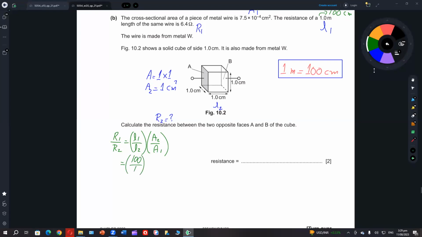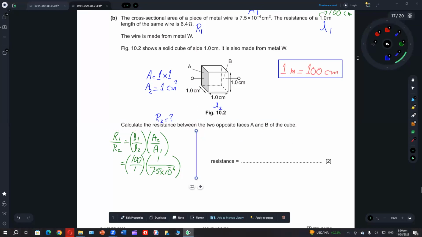I have started putting the values. Why did you add 1 meter?